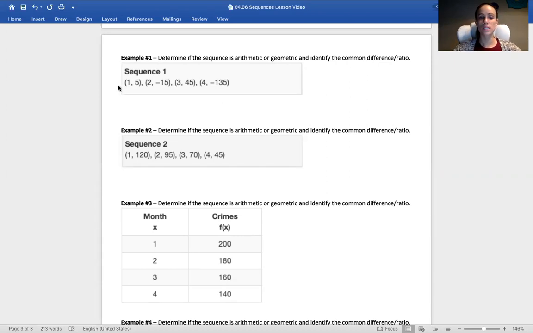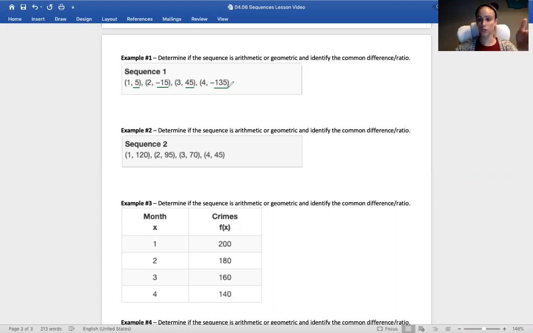So if we look at sequence number 1 here, my x value, my input, is the term. So this is the first term, second term, third term, fourth term. And then the y value, our outputs, is the sequence, that is the pattern, okay?